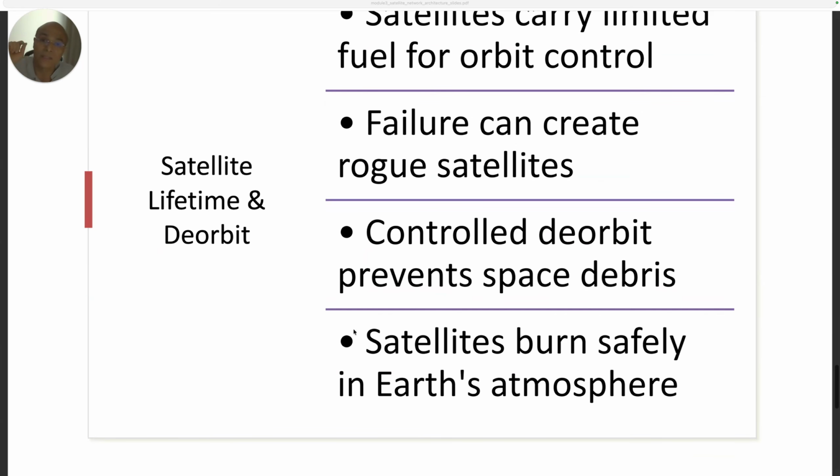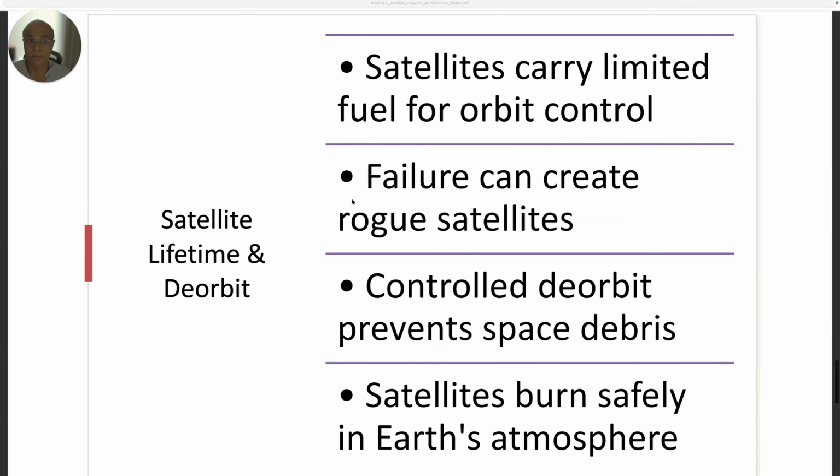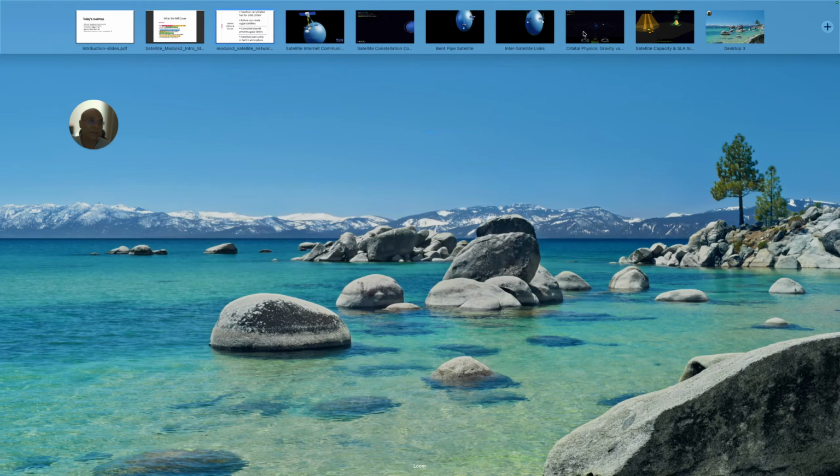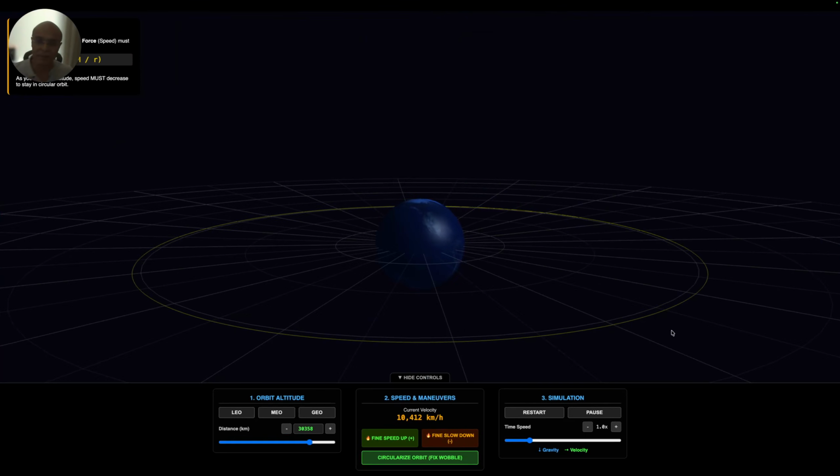Now, friends, this is also a very, very important concept to understand. For that, we have to look into this animation, which I had already shown you in one of my earlier modules. You see one satellite is revolving around the surface of the Earth. Now, the surface of the Earth is not perfectly round. There are undulations.